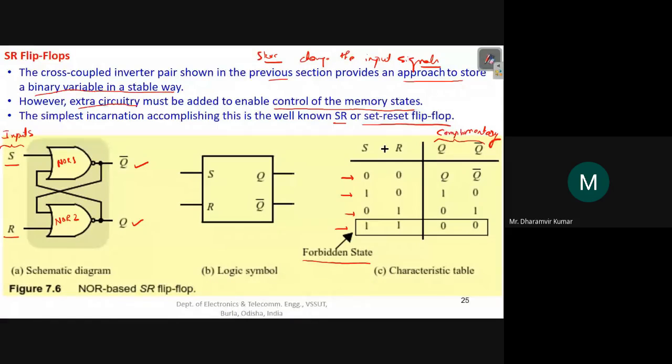Look at here, because this is using a two input OR gate, when one of the inputs is 1 and the other input is, let's say, 0, what will be the output? 1 plus 0 is 1, invert, the output will be 0.